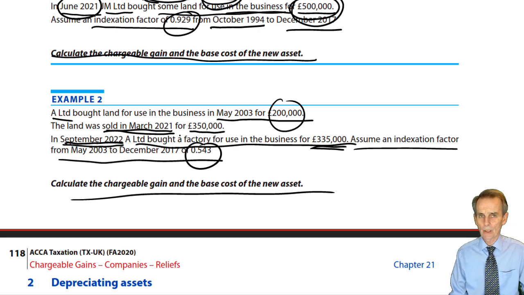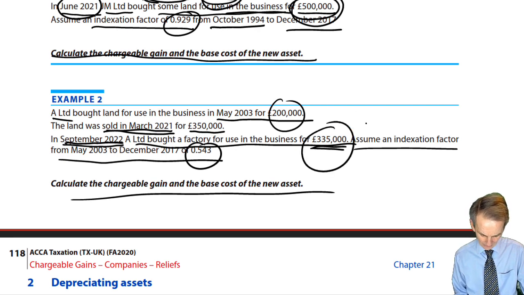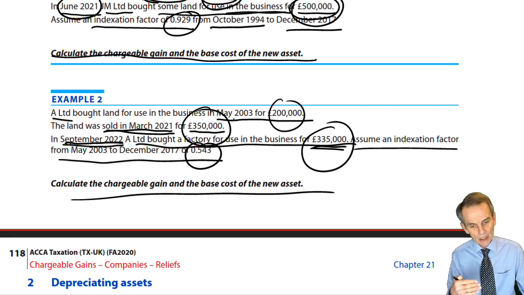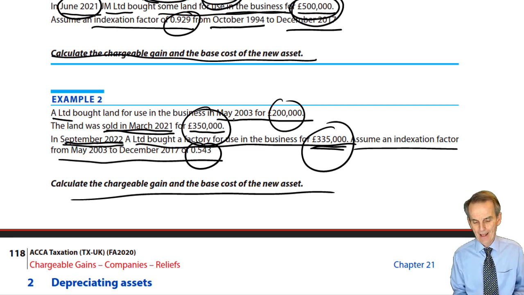The issue, of course, is that it's now only partial rollover. We have reinvested 335, having sold for 350. What does that mean? Of the chargeable gain you compute, 15,000 will remain chargeable, at least at that point in time. Remember that rollover relief doesn't require simply we sell one asset and we buy a single replacement asset.